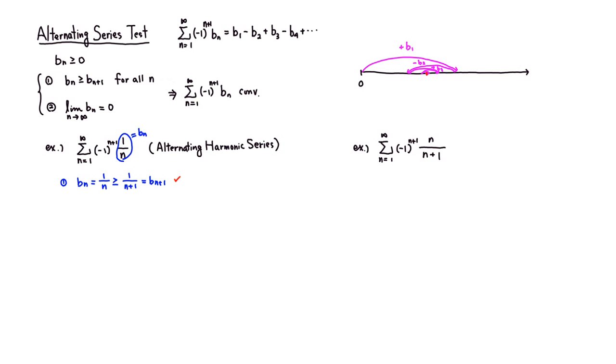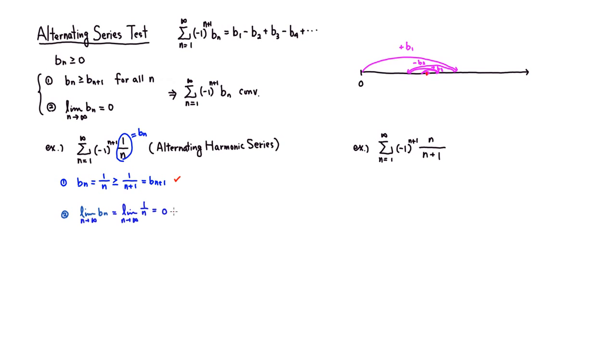Then you can check the second condition. You take the limit of bn as n approaches infinity. This one's easy: the limit of 1 over n as n approaches infinity. 1 over infinity approaches 0.